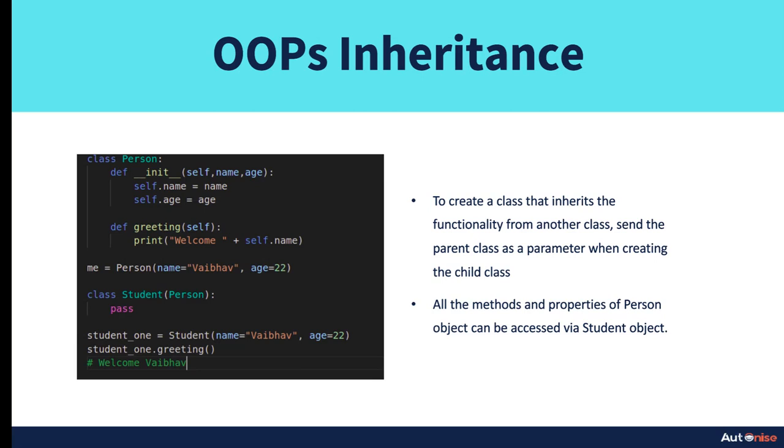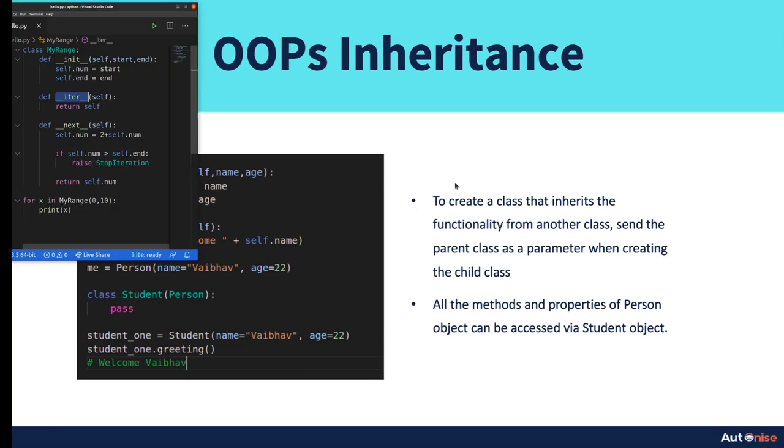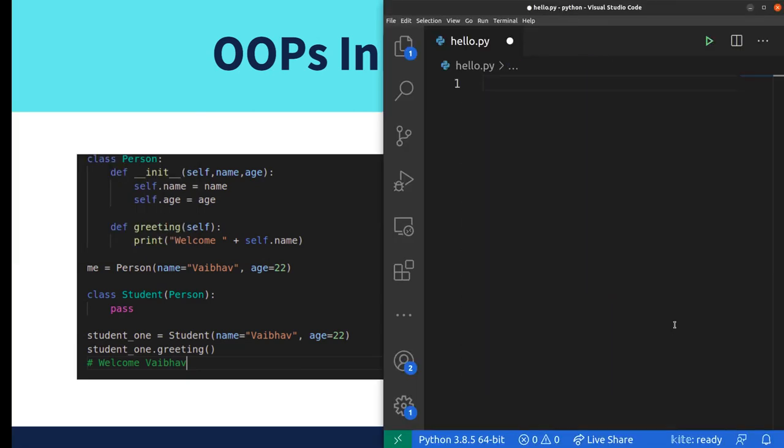As every student is a person, but every person is not a student. So person is a parent class and student is a derived class. Let's write this code and understand while writing what each of these components are, and how the parent and child classes and the inheritance property actually work.